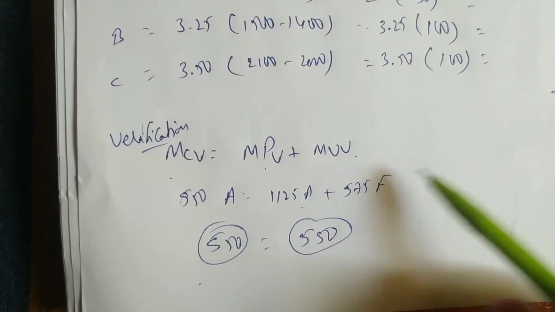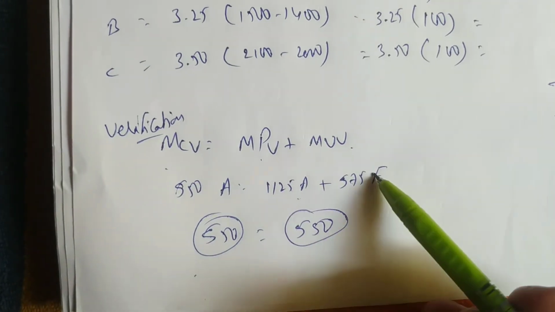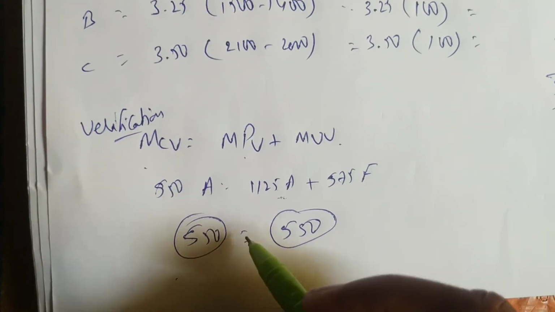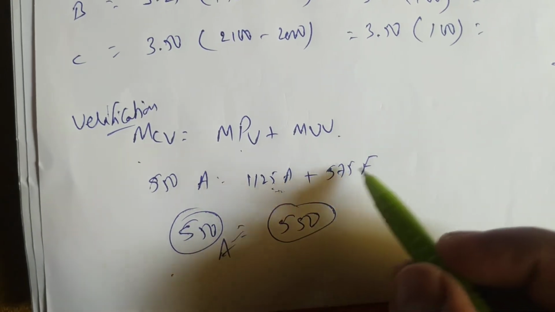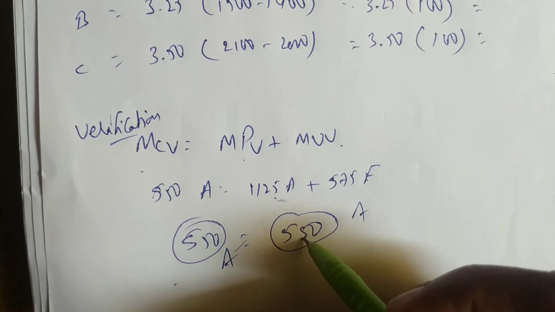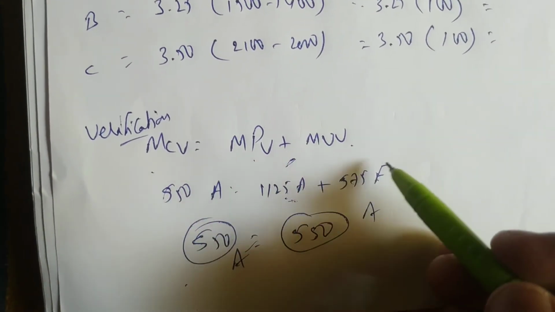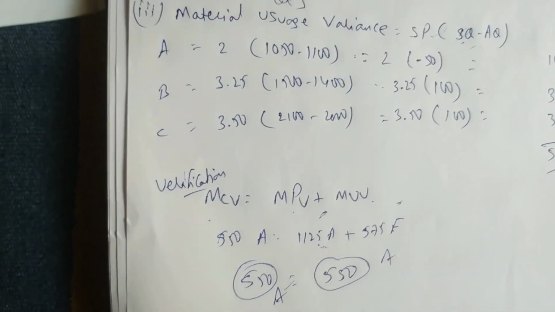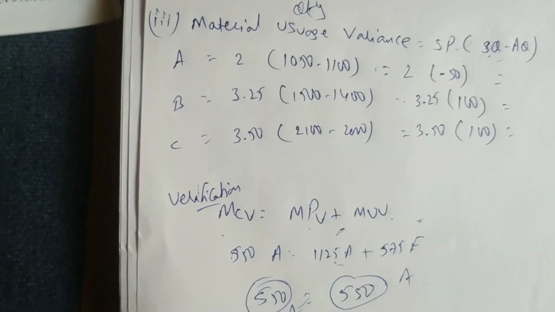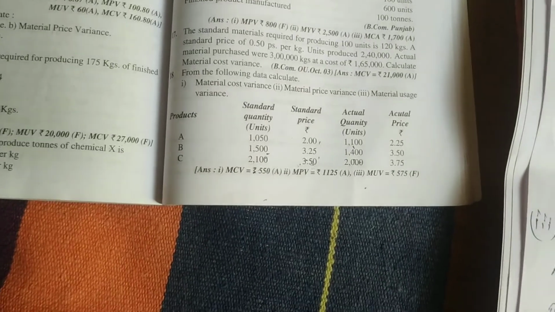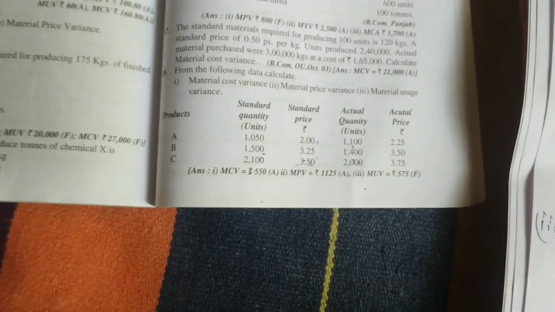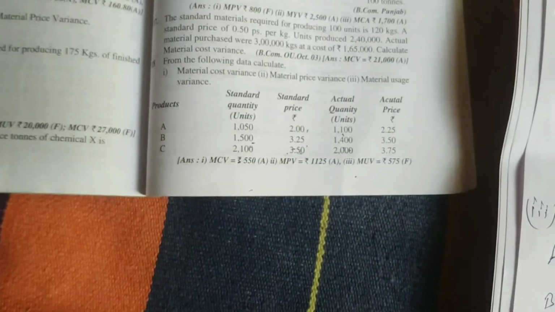So this is minus, this is plus, you deduct. 1125 minus 575, we get adverse because the minus sign is bigger. Like this you have to solve in an exam. 100% chances that the questions will be asked like this only, because I have seen the costing paper, so based on that I am saying this.